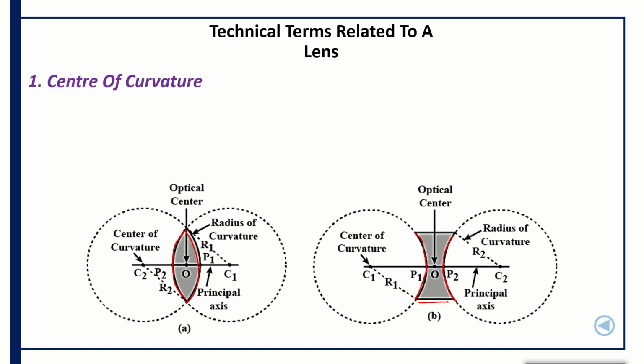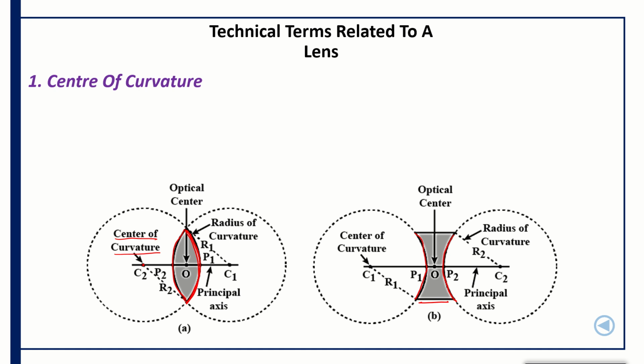The first one is center of curvature. So what is center of curvature? A lens is a part of a sphere. So the center of the sphere whose part we have taken for the lens surface is known as the center of curvature of that lens.